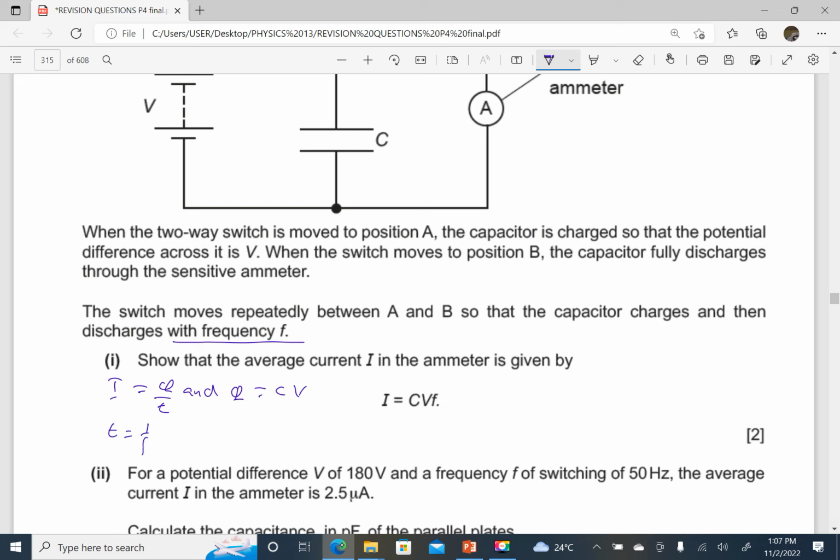So we combine the two expressions. Current is therefore, where there is Q, I put CV, over T, but remember 1 over T is F. So this is going to be CV times F, as simple as that. What is very important is this expression and this relationship here.